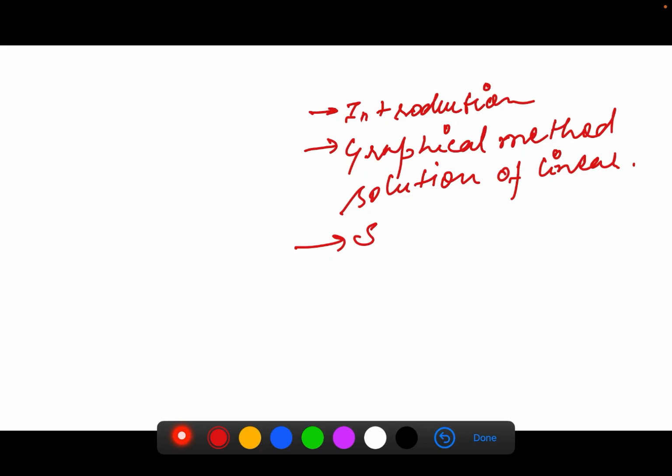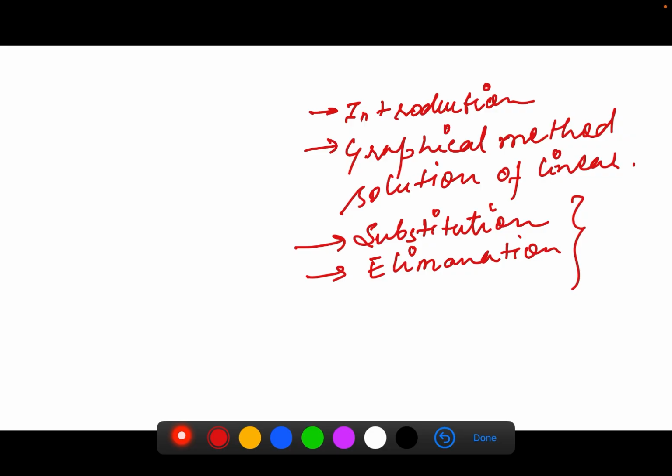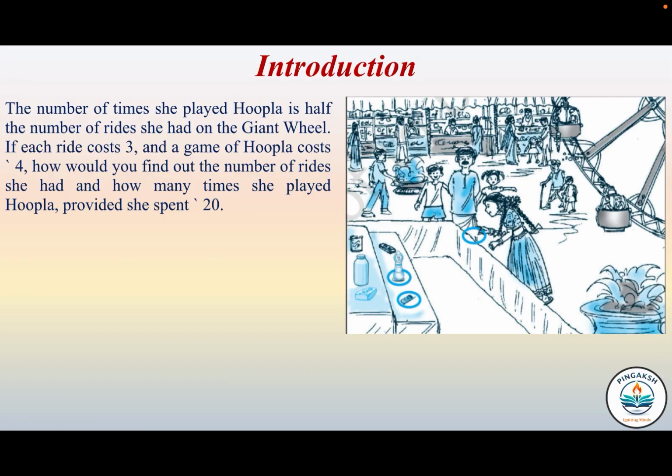There are two methods, one is substitution and another is the elimination method. These two methods are useful to find the solution of these linear equations. This is all about this chapter. In this video I will cover the first two sections, and the next two sections will be covered later.